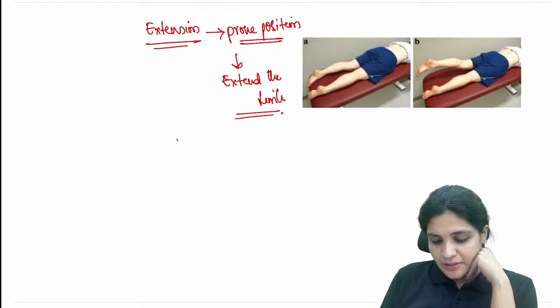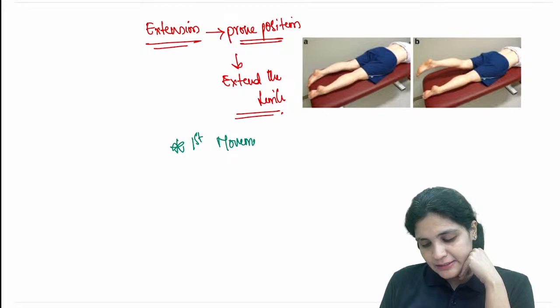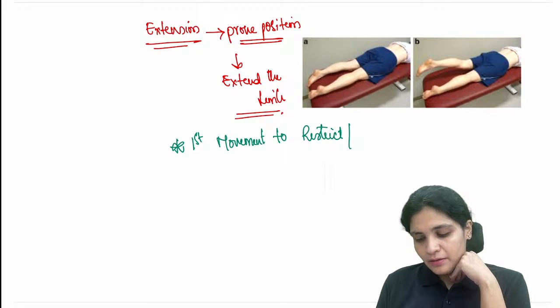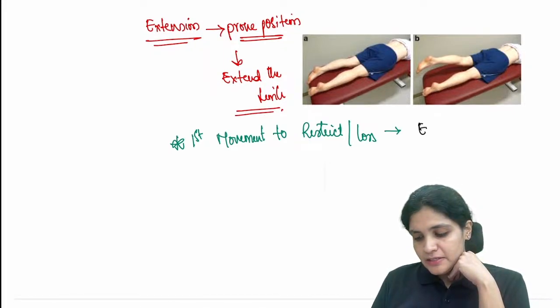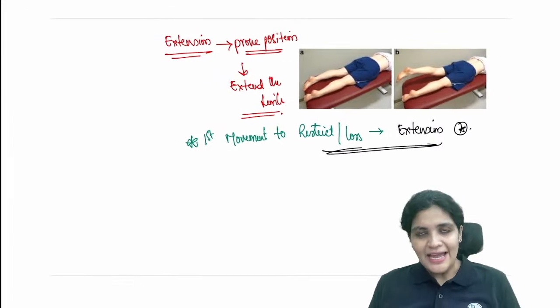And you have to remember this is the first movement to be lost in case of arthritis. The first movement to be restricted or lost is the extension. Right? So this is the one thing which you have to remember in case of your hip joint. That's the flexion and this is your extension.